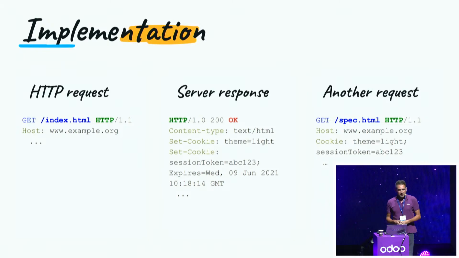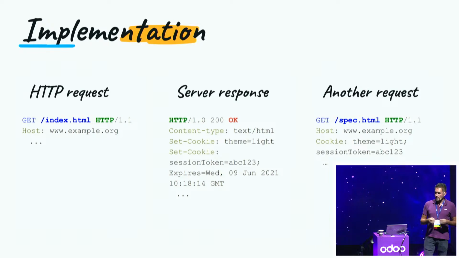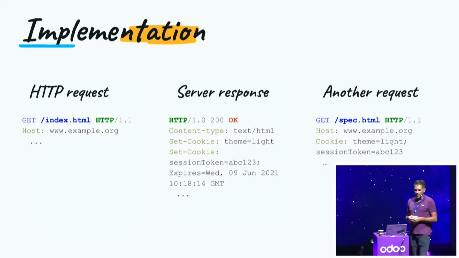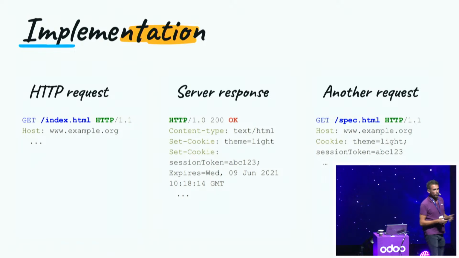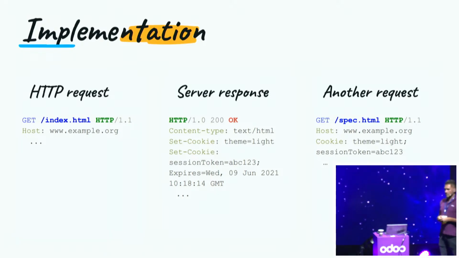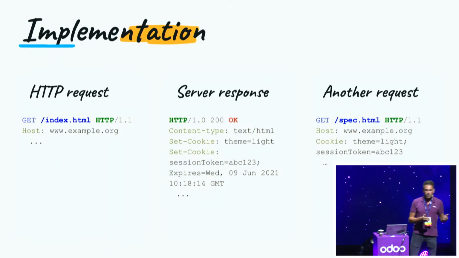Here, it's a little bit technical. Sorry for this, but I think it can give you a deeper understanding to have this micro view. On the left, the first step is an HTTP request. HTTP stands for Hypertext Transfer Protocol, which is basically the foundation of the World Wide Web. It sets the communication between a client and a server.